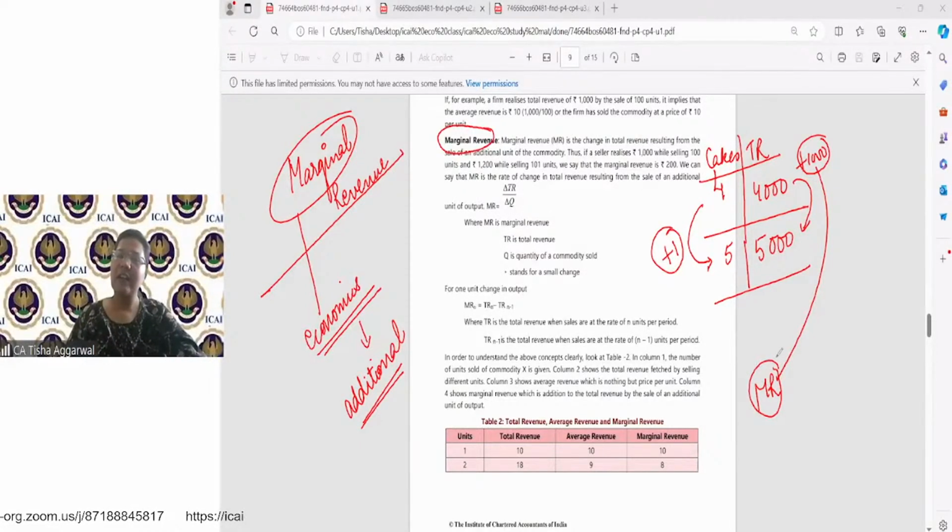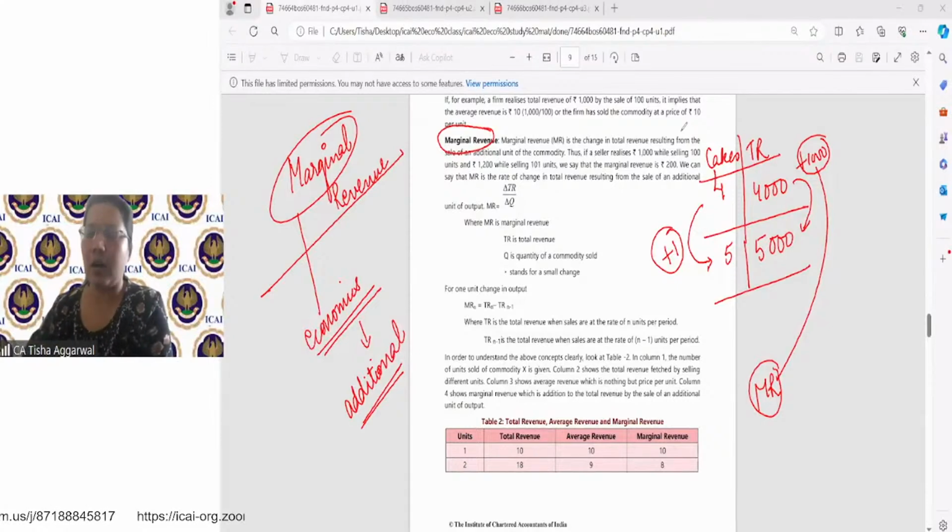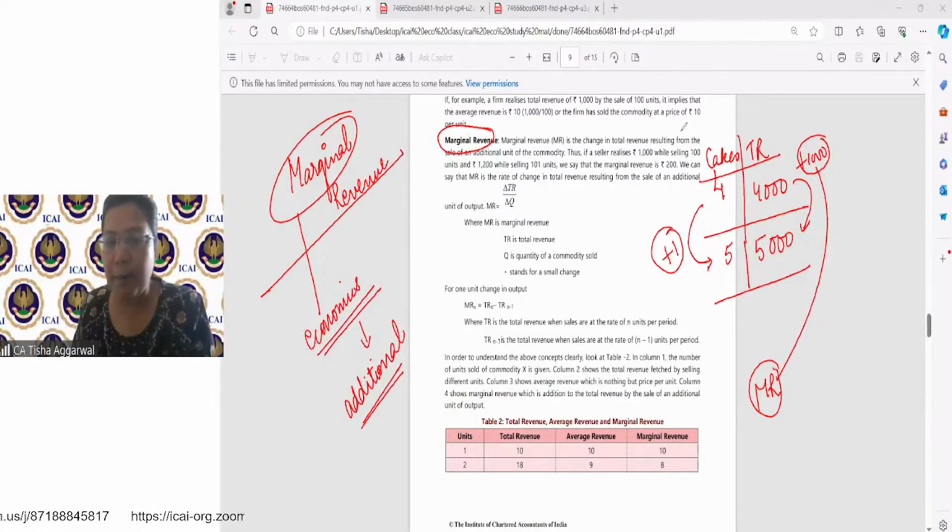So marginal revenue is that extra revenue that a person earns while selling one extra unit of quantity. In very simple language, marginal means the additional revenue a person generates by selling one extra unit of commodity. I hope it is clear to everybody what is marginal revenue.